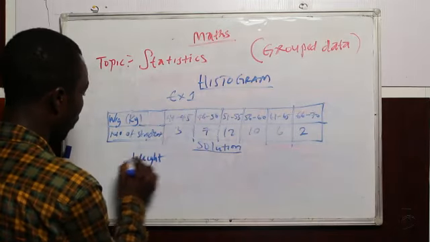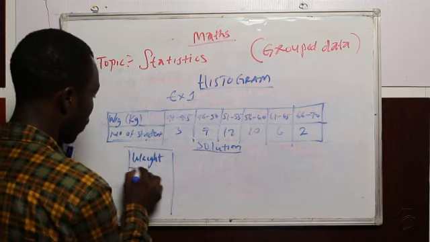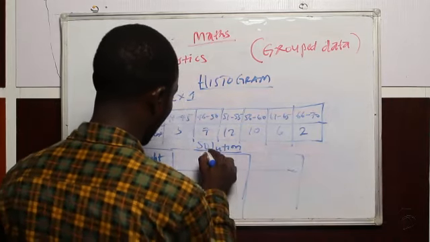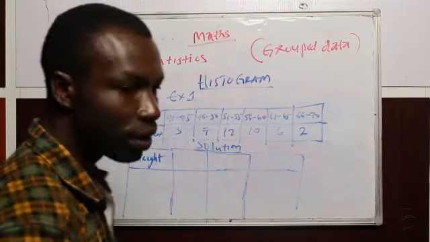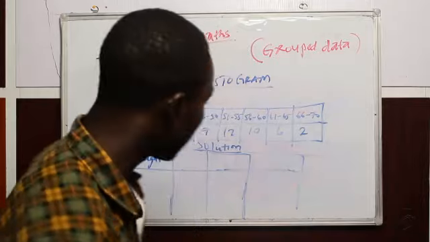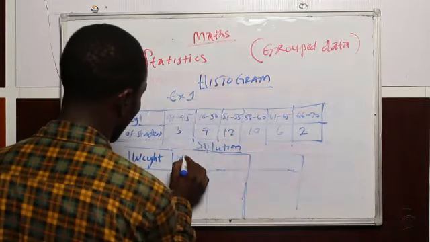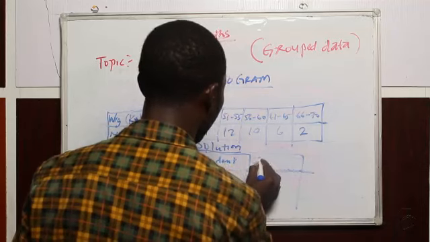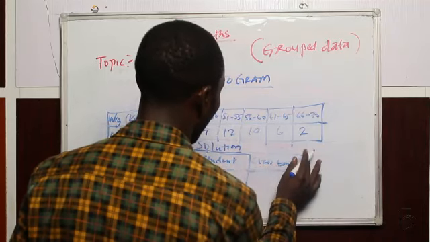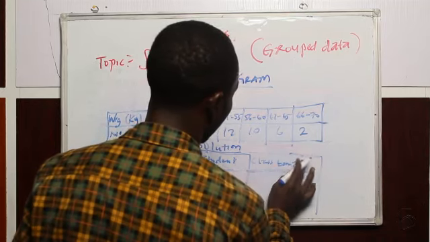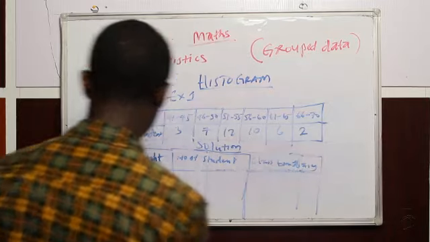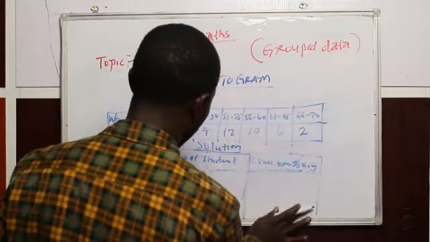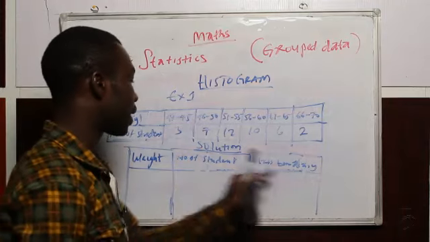Weight, the weights of the students are different, and the number of students, you write the number of students, and we have what is called class boundary.